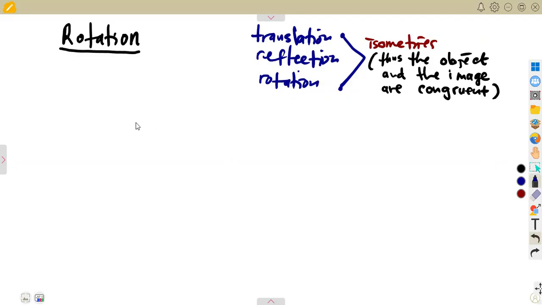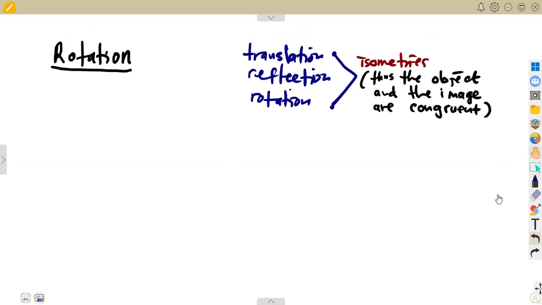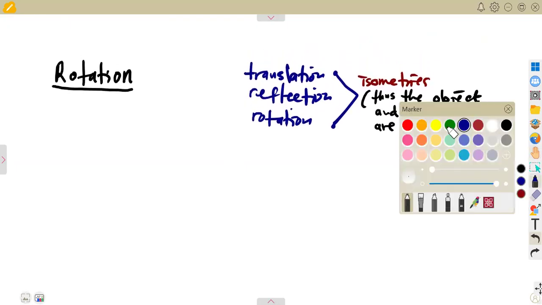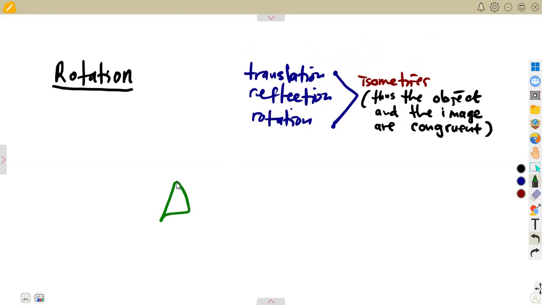They share this property, that's the major property they do share. Once you see the object and the image being the same, you see nothing has changed. It's only maybe the position: the triangle was at this point, now the triangle, the object, they are exactly the same. Only the position has changed.